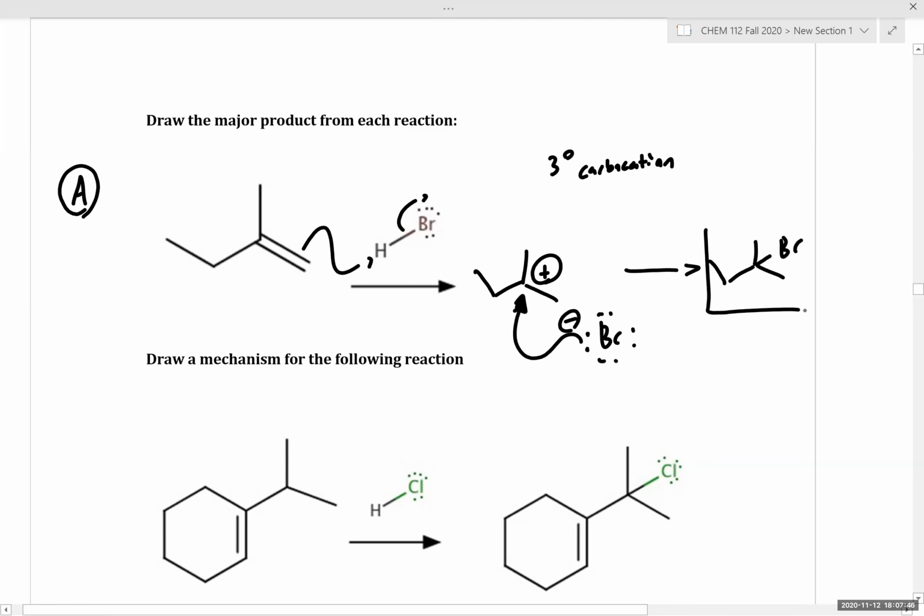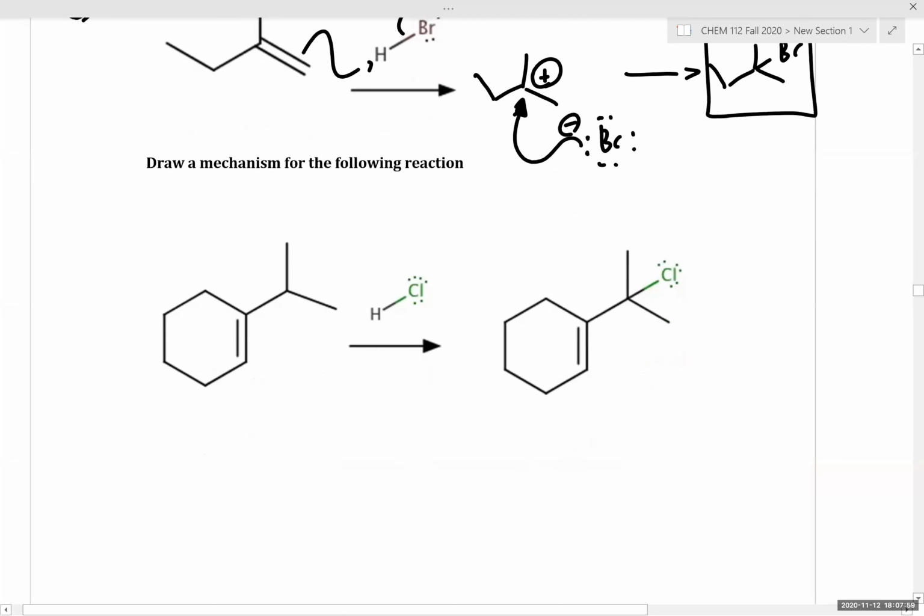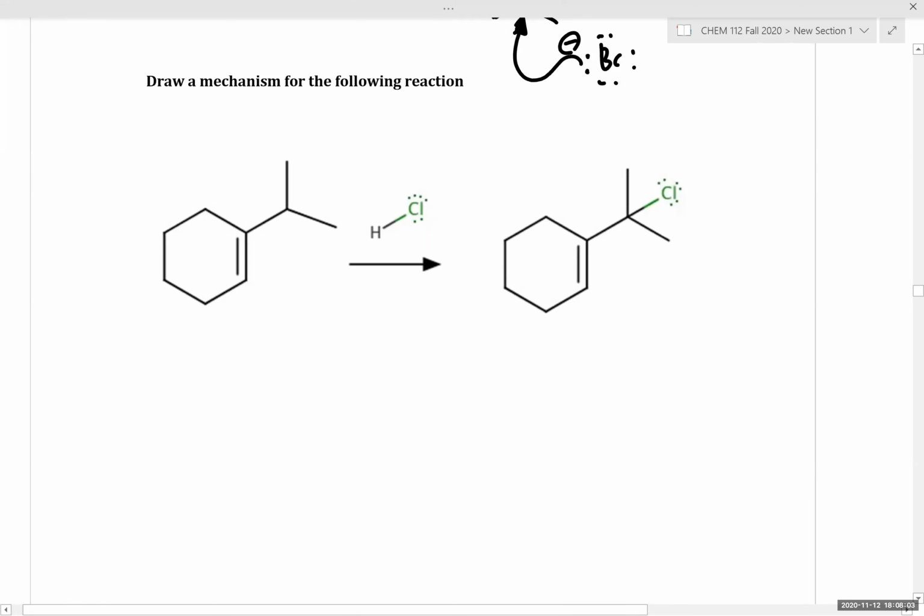And that in turn gives us the following product. Does this make sense to everyone so far? Perfect. So let's take a look at this next reaction, and this one's a little bit different.